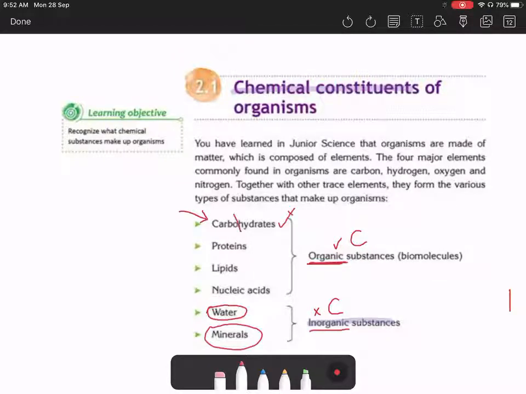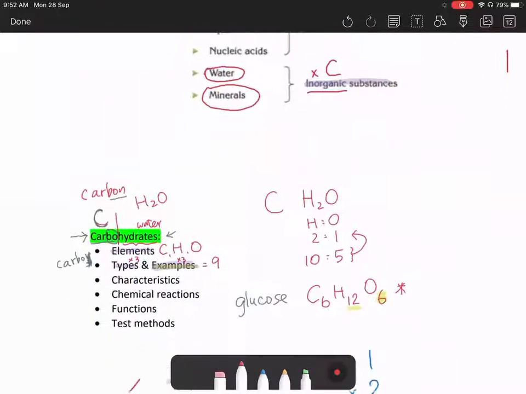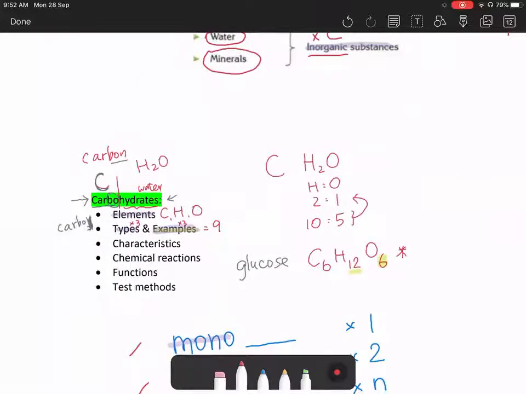Carbo comes from the word carbon. Hydrate means water. That's why in Chinese, it is called 碳水化合物, carbohydrates. And you have to know carbohydrates.